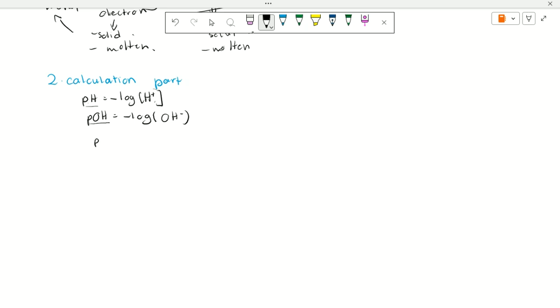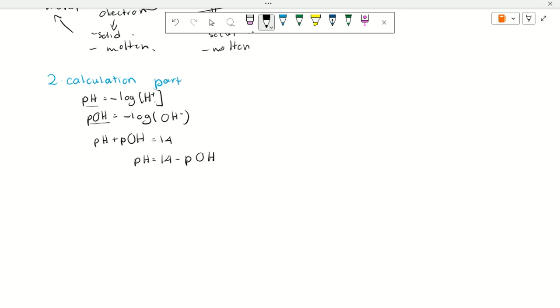This is the third formula: pH plus pOH equals 14. So pH equals 14 minus pOH. Basically, if they give that, you just use this one, you just subtract from 14, and then you get the pH.